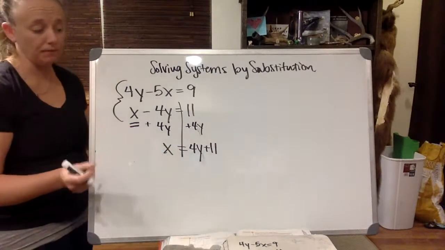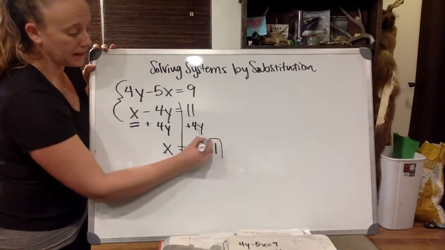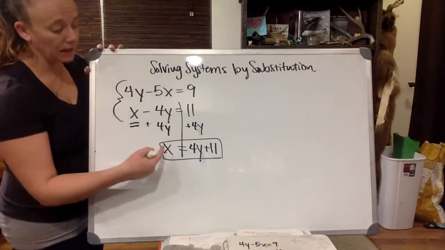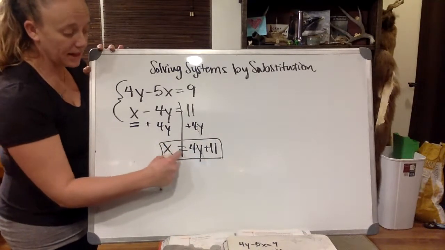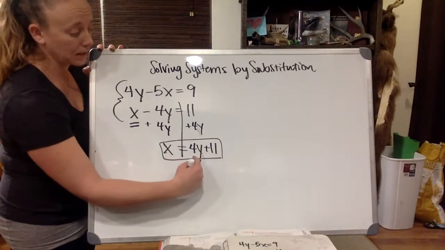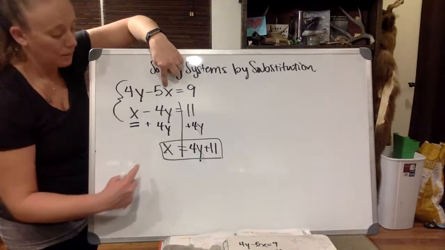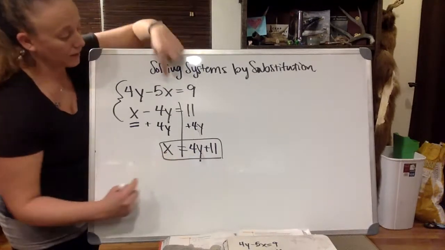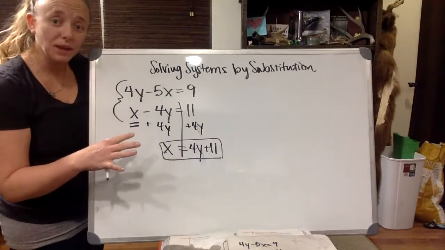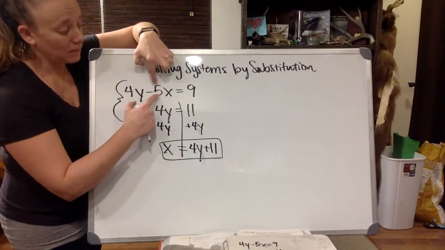So that's the start. I'm now going to take this new equation, 4y plus 11, and substitute it in for this x, because I know x is equal to all of this. Instead of writing x here, I'm going to write this whole thing. Now, when I do that, this 5 is multiplying this x.